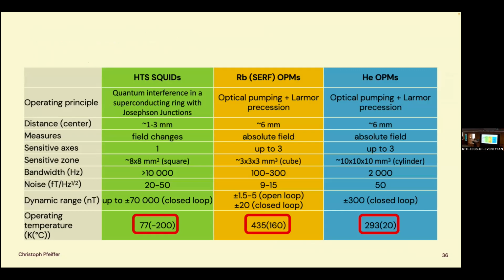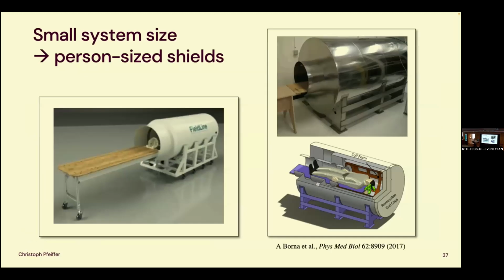Then looking at the operating temperature, of course, all of them have a much less extreme temperature than conventional squid systems. This means that we can shrink the system quite a bit. The conventional system has this huge dewar on top where helium is in, and it needs a lot of insulation. In all 3 sensor types, we can make a much more compact version of this.